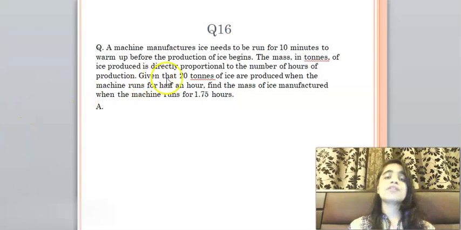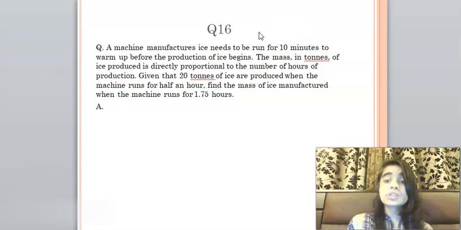A machine that manufactures ice needs to be run for 10 minutes to warm up before the production of ice begins. So, by just reading the first sentence, can you tell me, is there something fixed in this? Yes, absolutely. These 10 minutes are fixed because they are required to warm up the machine.